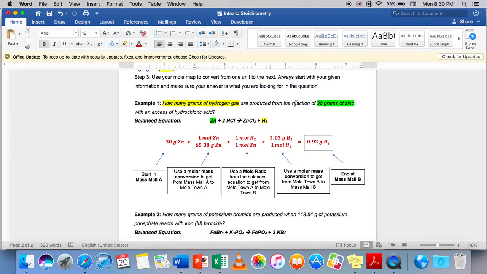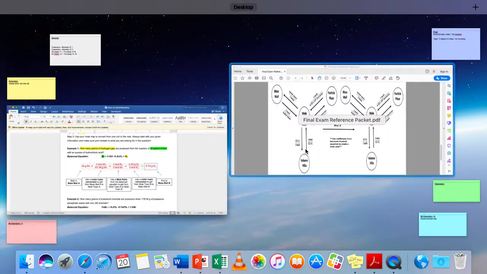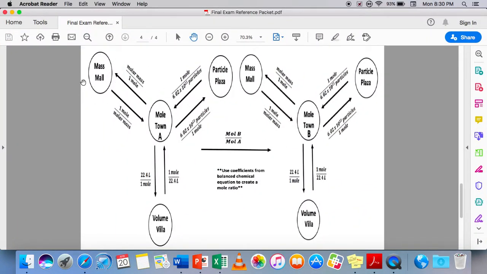You need to get from one side of your mole map, the left-hand side, to the right-hand side of your mole map. You're going to start somewhere in A and end somewhere in B based upon what the question is asking. So if we look at the problem, it says we're given 30 grams. So I write that down first. You always start with your given. Well, if I look at my mole map, I'm in mass small A, which is all the way on the left-hand side.